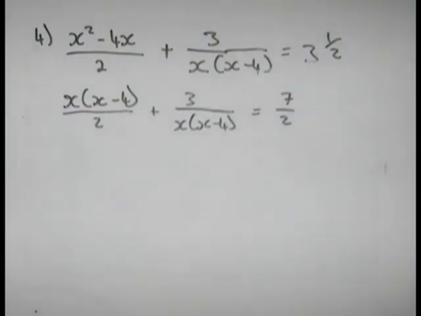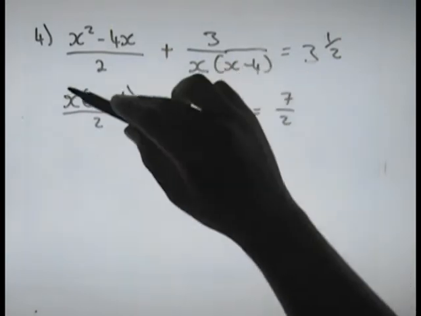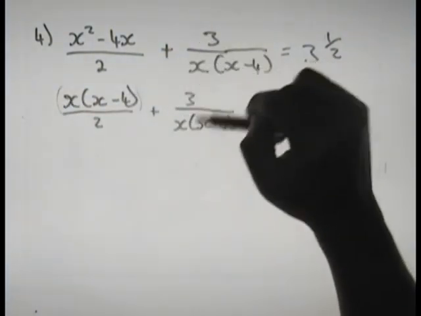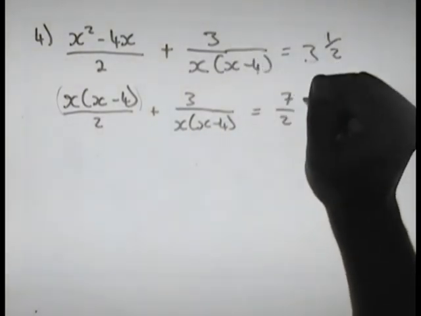Before I get my LCD here, this one is going to become a little bit nasty because we are going to be multiplying that by that once we've got our LCD, which is going to be a bit difficult.